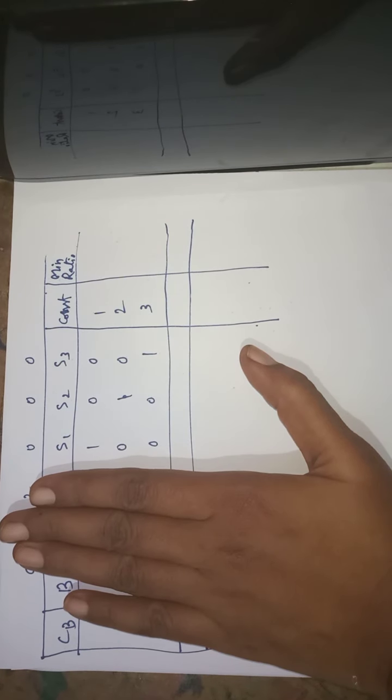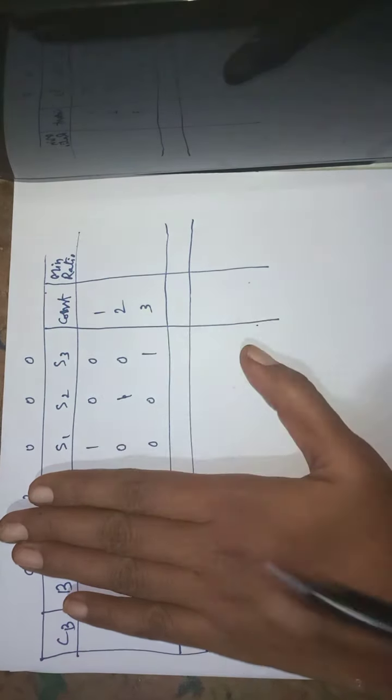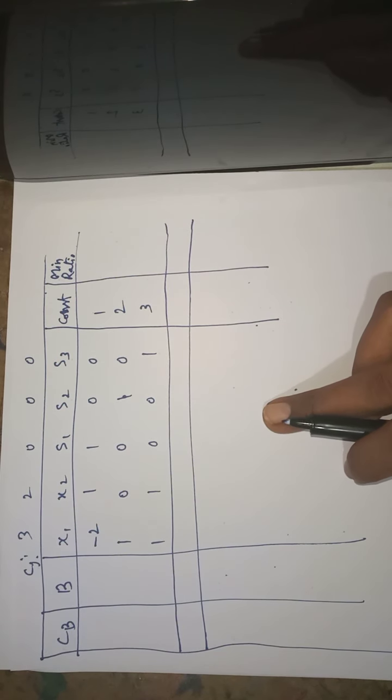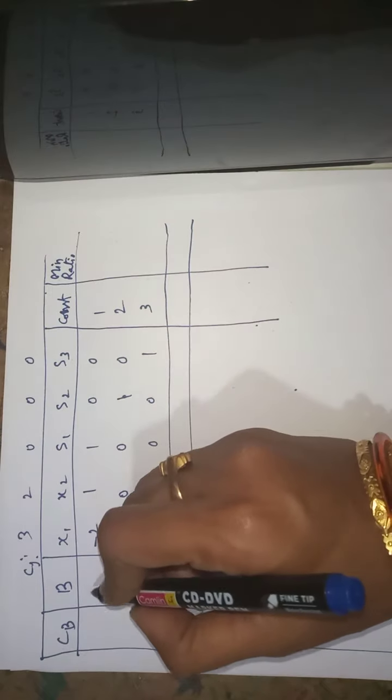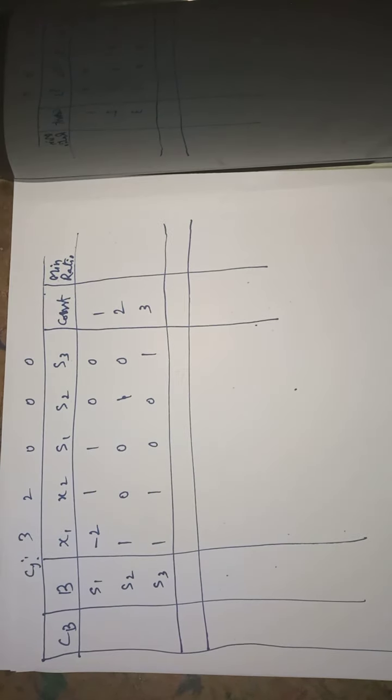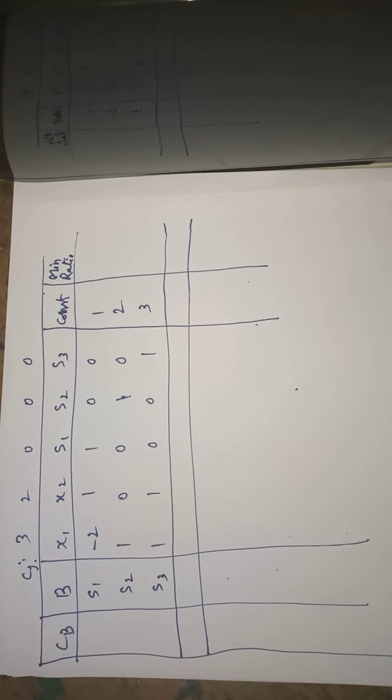Wherever you get an identity matrix, those variables are called basic variables. Here we have the identity matrix near s1, s2, s3, so these three variables are basic variables.